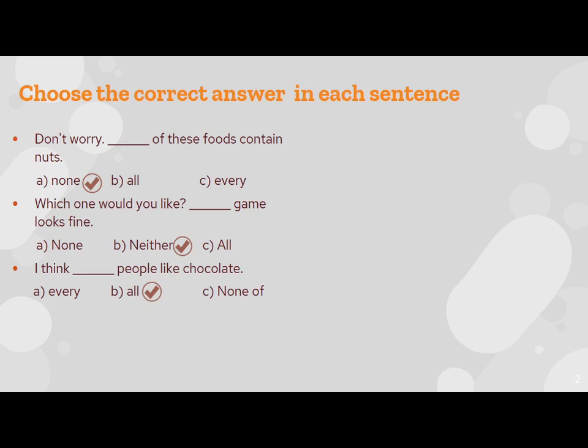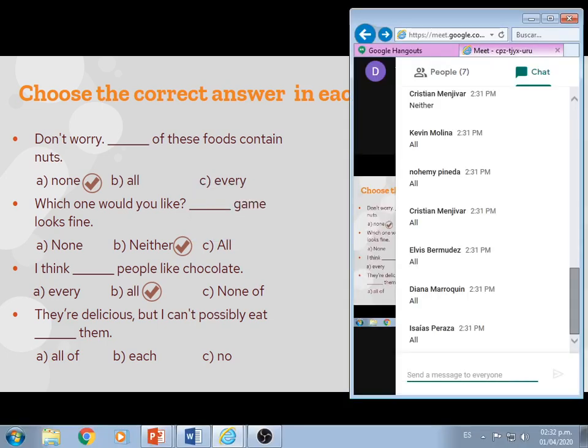Okay, let's continue with the following one. They are delicious, but I can possibly eat them. And then we have all of, each, none. Okay, all of, each, or no. So Christian says, go ahead. Diana, Elvis, perfect.